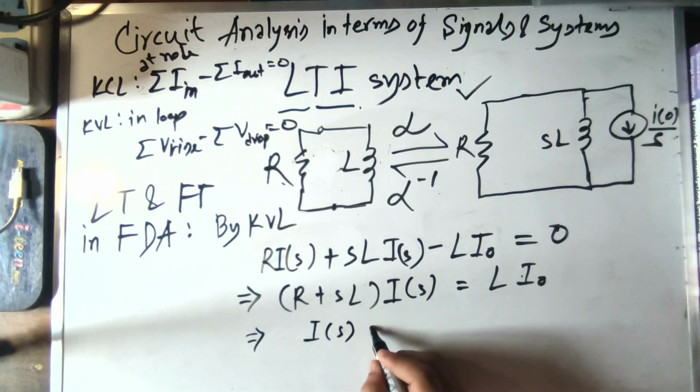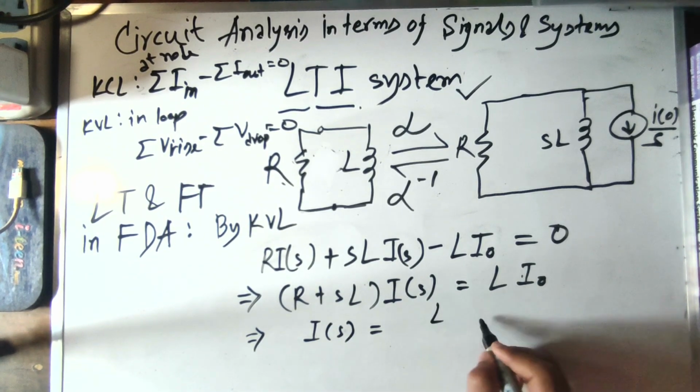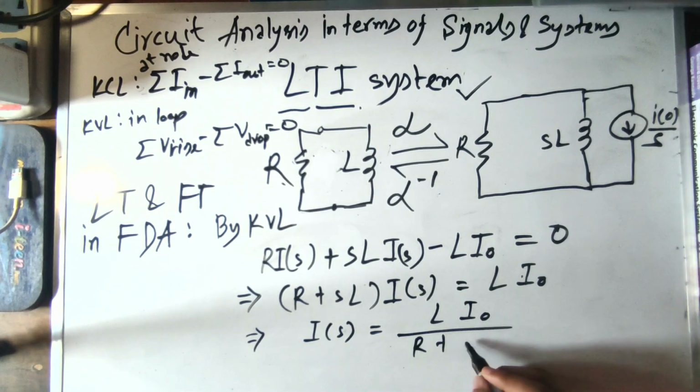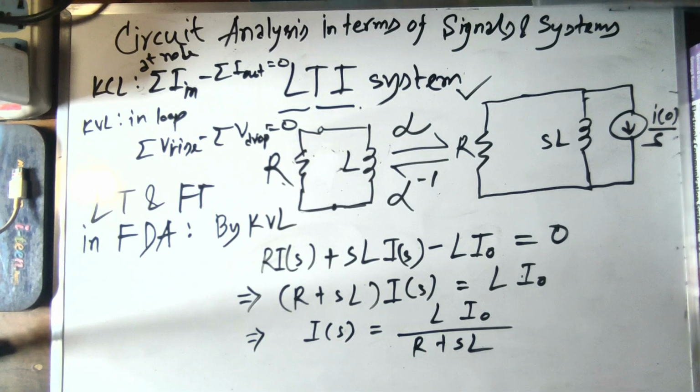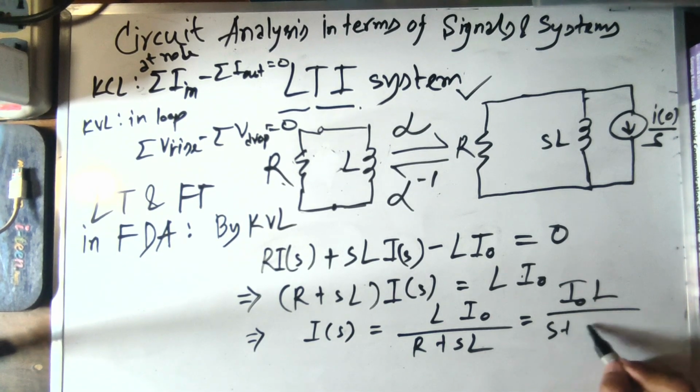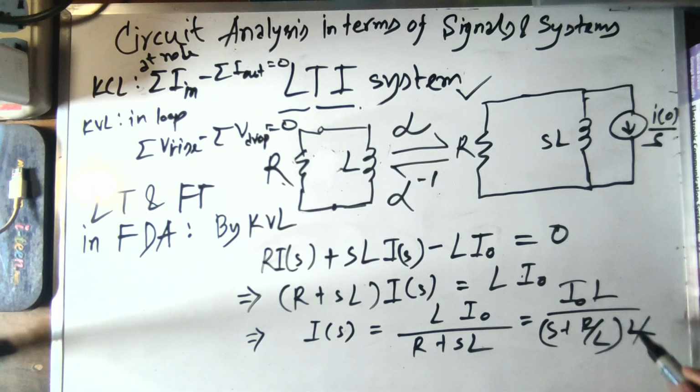I(S) equals L I0 by R plus SL. Let me show you how. R by L into L, which gives this.